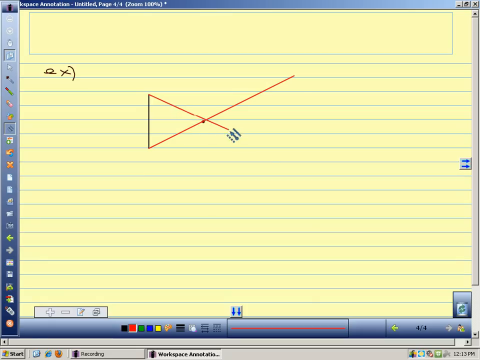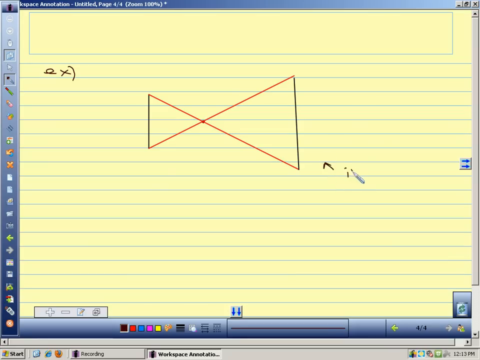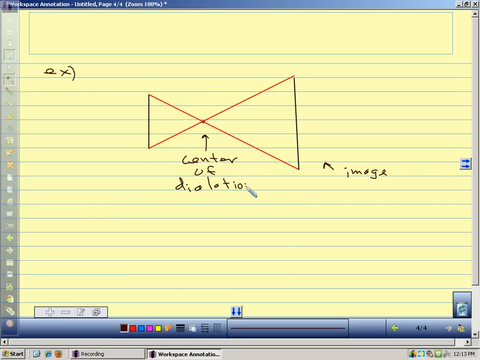And we'll draw in our image. So this is our image. This is our center of dilation. And this is our pre-image. And this is 2 inches. And this is 5 inches.